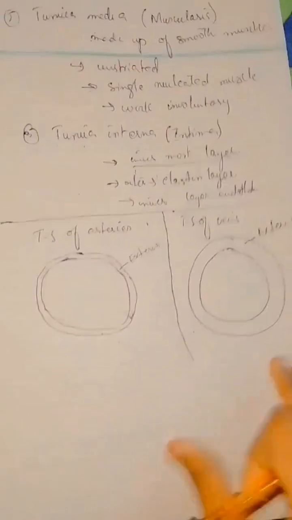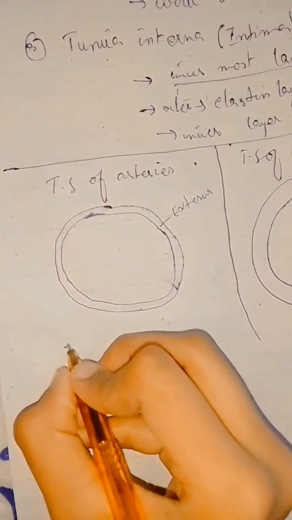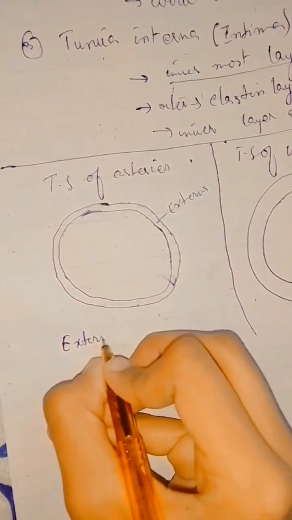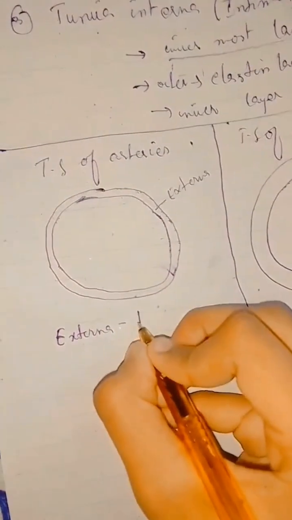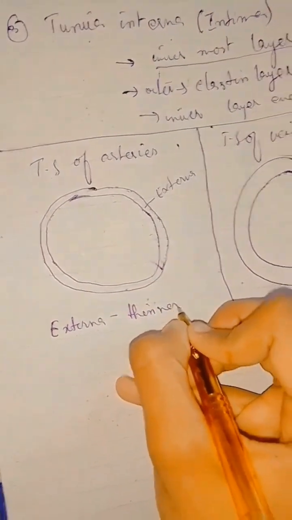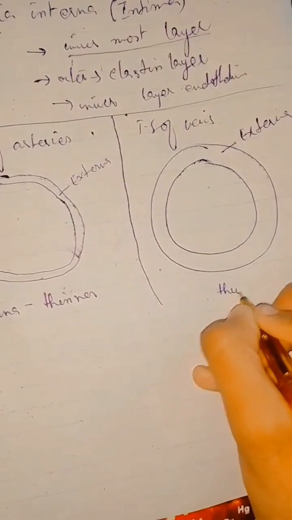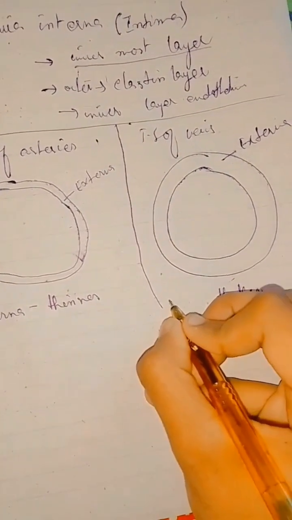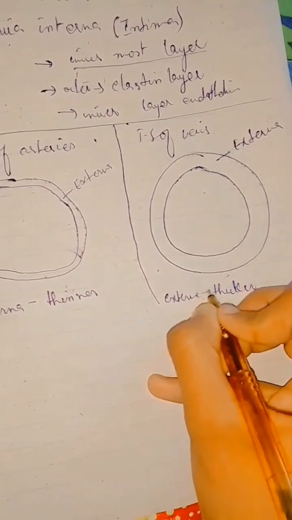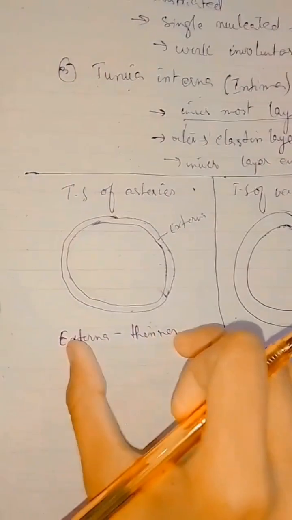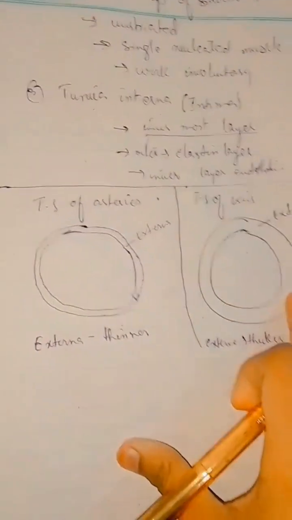What is the difference between them? It is very visible that the tunica externa is thinner here in arteries, and thicker here in veins.